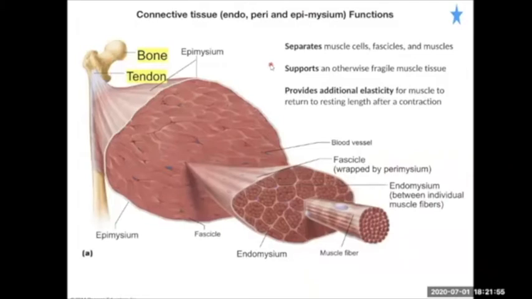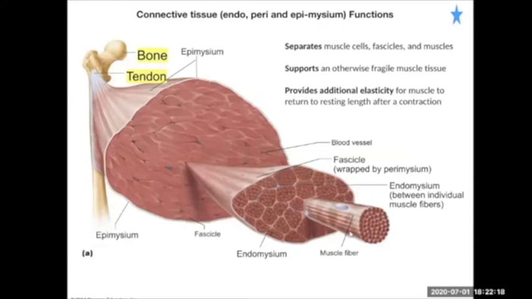So as far as the functions, and why I talked about that will become evident soon, a couple of the functions are as follows. The more obvious one to get out of the way is that each of these connective tissue layers is separating the individual elements within those layers from each other.